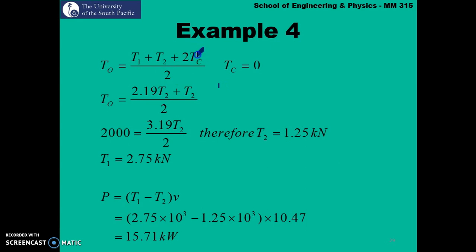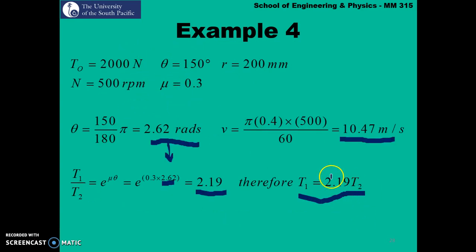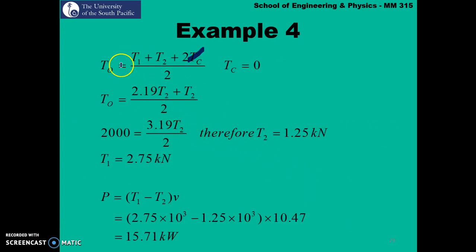With TC equal to 0, T0 is equal to (T1 plus T2) over 2. From the previous step we knew that T1 was 2.19 T2, so in place of T1 substitute 2.19 T2 plus T2, over 2. The initial tension was given as 2000, so 2000 is equal to 3.19 T2 over 2.